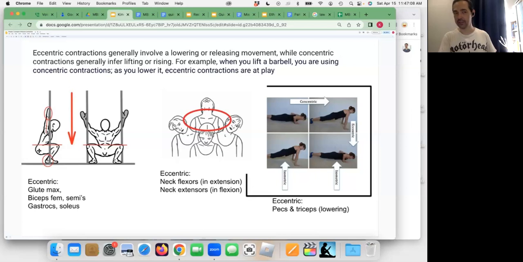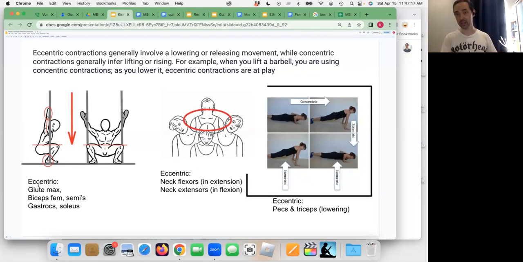So the term for these muscle fibers lengthening as they are bearing weight, as they are exerting force, is eccentric. The glute max, also the hamstrings, the biceps femoris, the semimembranosus, semitendinosus, gastrocs and soleus, those are all contracting eccentrically. Lots of times when we picture movement or exercise, especially things where we're moving lots of weight or where there's a lot of force involved, we think of contraction as only muscle shortening, but muscles can contract while lengthening as well.